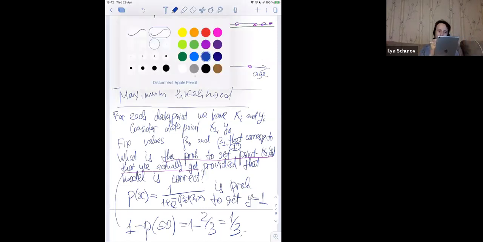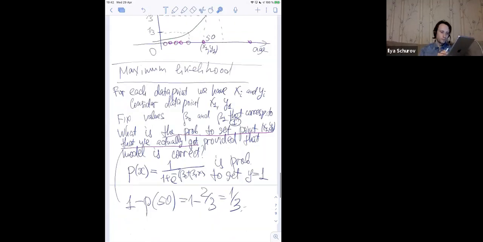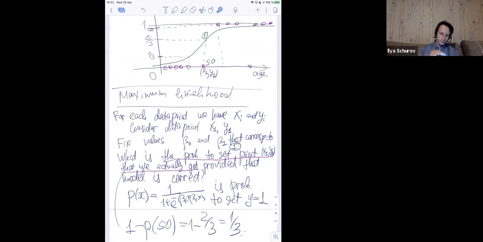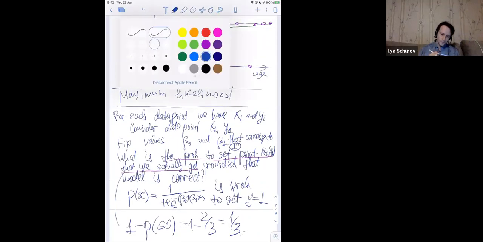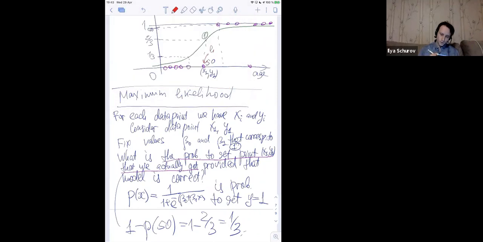What about this point? What can I say about the likelihood of this point? So this is likelihood 1/3. What about the likelihood of this point?